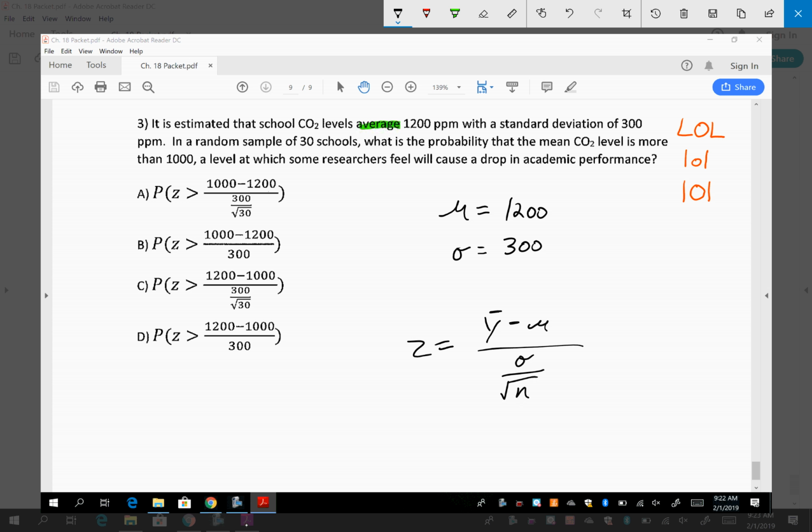So immediately, when I look at my answer choices, I can cross out 2 of them because they don't have mu in the right spot. Do you see how C and D do not have mu in the correct spot? Mu needs to be after the subtraction symbol. Now, what's the difference in A and B?